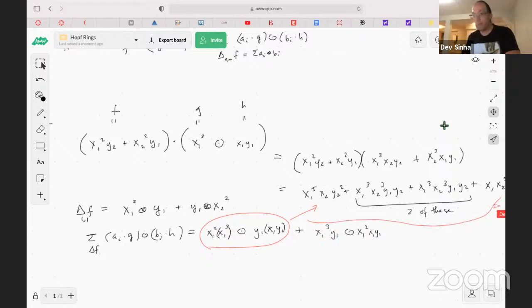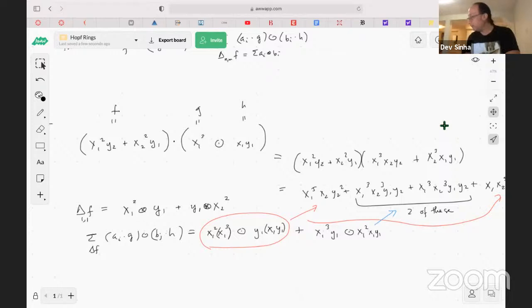But whereas this, its symmetrization, notice that it's just x1 cubed y1 induction x1 cubed y1. It's a funny induction product. It ends up being symmetric to begin with. And so you get two terms once you symmetrize.